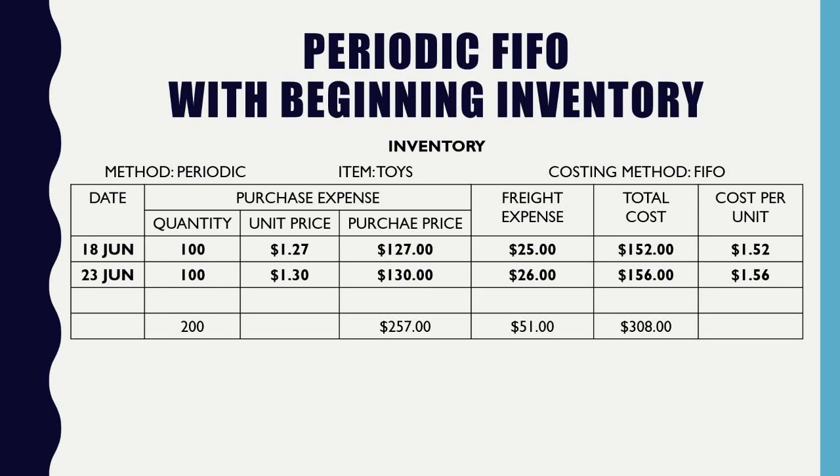I have a total of 200 and a total of 257 for my total purchases. My total freight was $51 again, and then here I have the total of $308. Okay, so this is after we've solved for the second portion of the inventory worksheet.